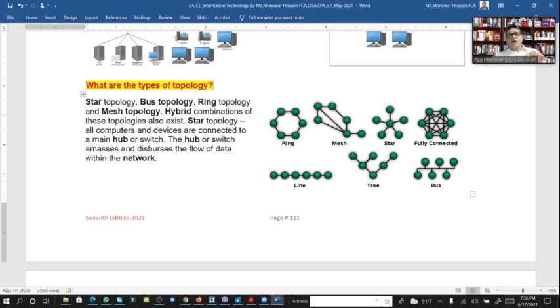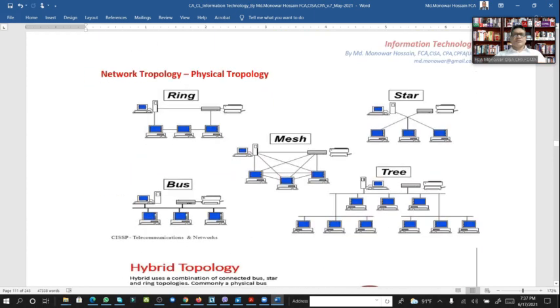Star topology: all computers and devices are connected to a main hub or switch. If you see here, star, and that is the structure of the topology. So network topology, physical topology is that. So it is the star. Look here, star topology is connected on a switch or hub through other computers.